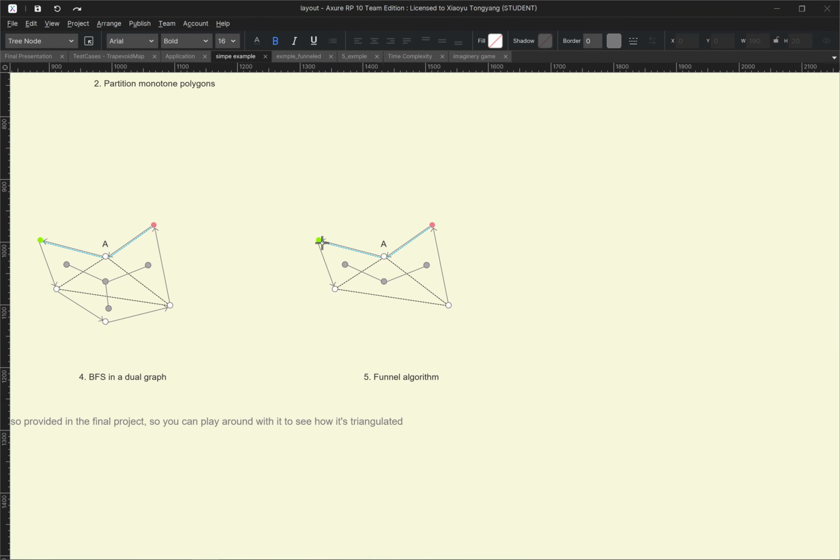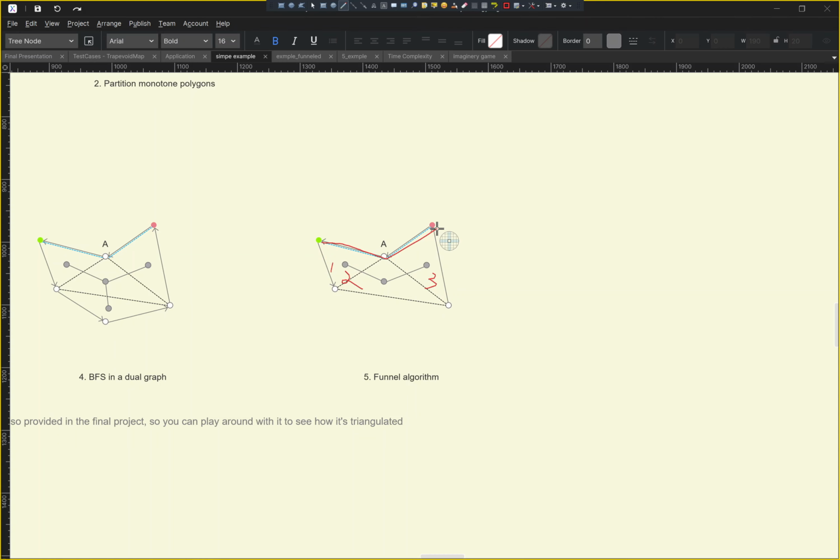And as you can see, these three triangles are the triangles that the real shortest path, this blue path, will traverse. So the shortest path will go through those three triangles one by one. In this way, we can apply the funnel algorithm to those triangles to compute the shortest path.